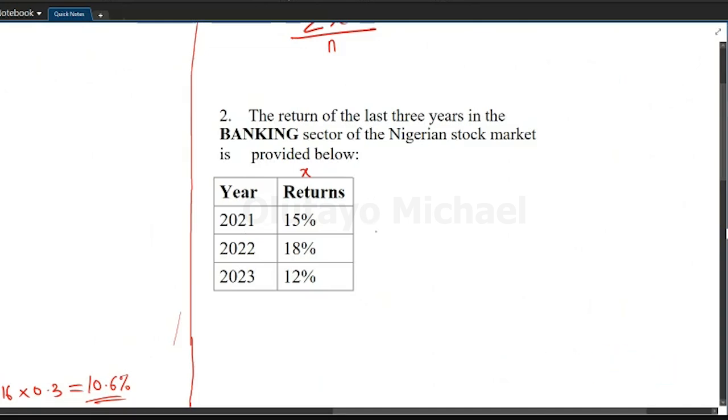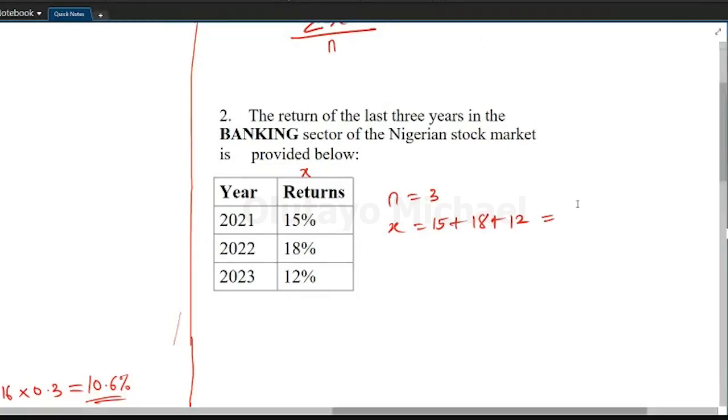So here we have n to be 3, and then addition of x is 15 plus 18 plus 12, which gives us 45.